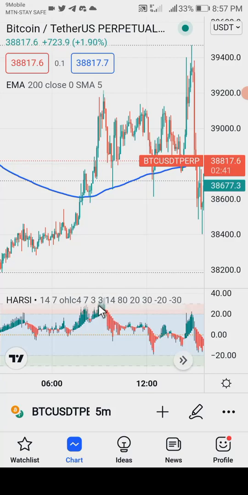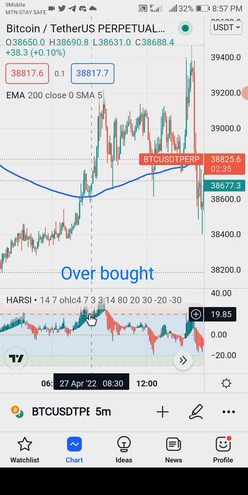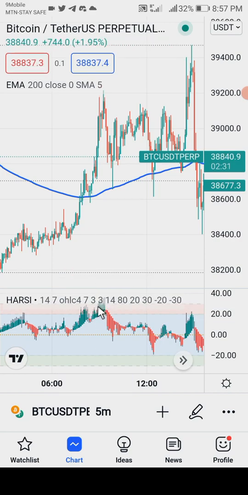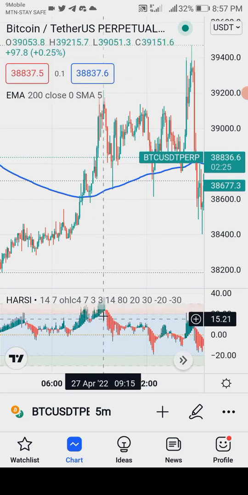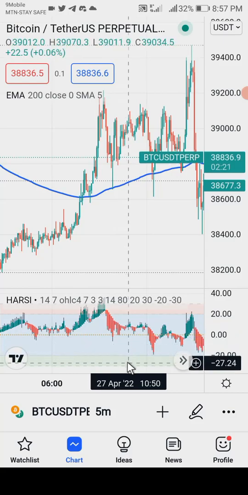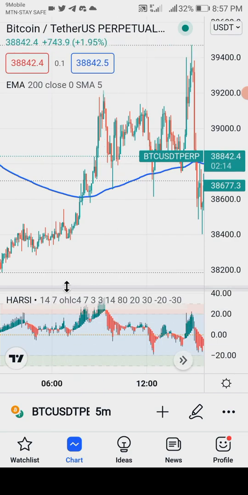When it touches the red section, the market is overbought, then sellers will enter the market with strong momentum and start pushing it downward. Then when it touches the green line, it's a signal that the market is oversold, so vice versa.